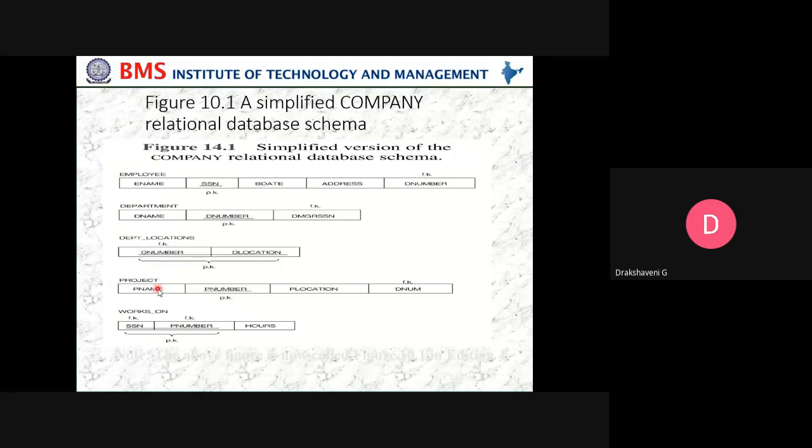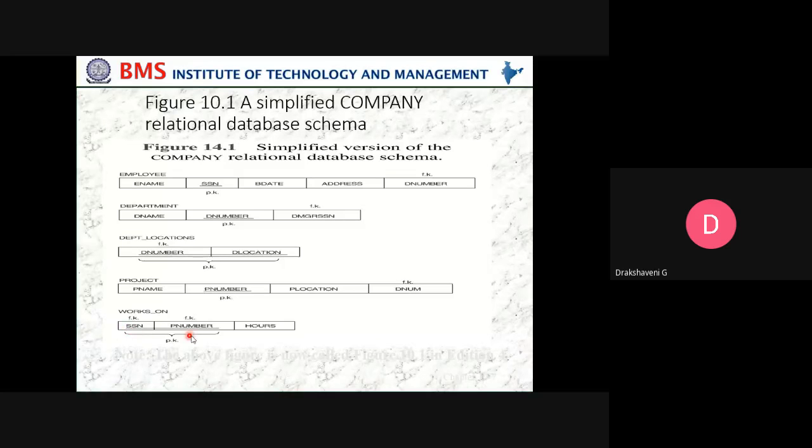Then what is a project? Project is one more relation with project name, project number, location, and D number. In the project, project number is a primary key, and D number, the department number, is a foreign key. Then works on. What is works on? That is SSN and P number. Put together, they are a foreign key.